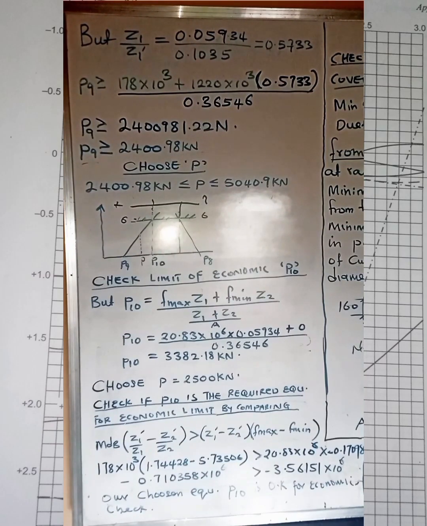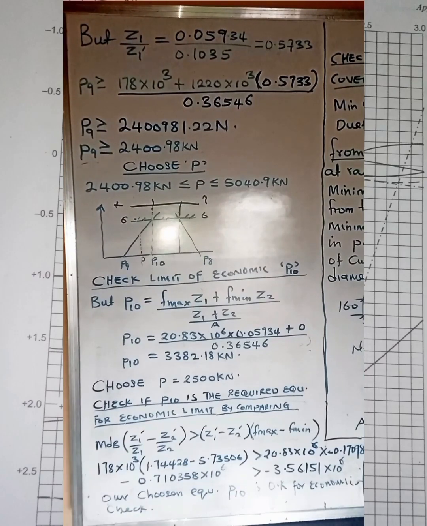But just to be sure that our P10 is the right equation for the economic limit, we are still going to check that. And for us to make use of P10 as the right equation for economic limit, we will check that our MDB, open bracket Z1 prime over Z1 minus Z2 prime over Z2, must be greater than Z1 prime minus Z2 prime, F maximum minus F minimum.